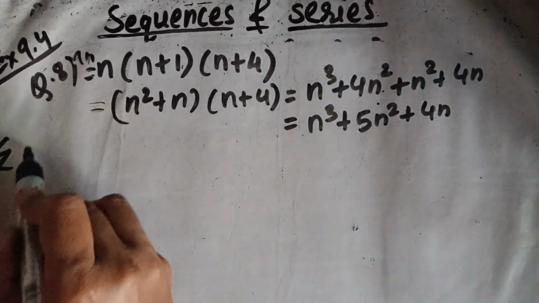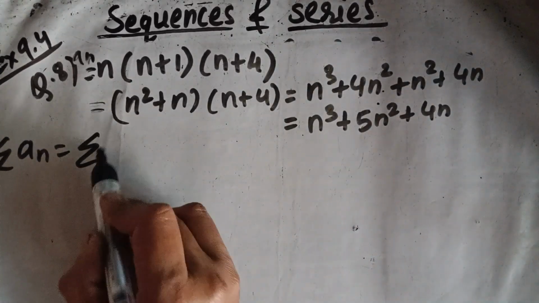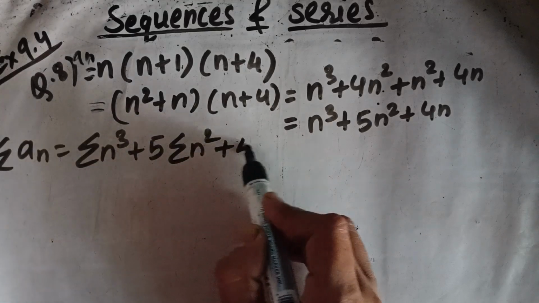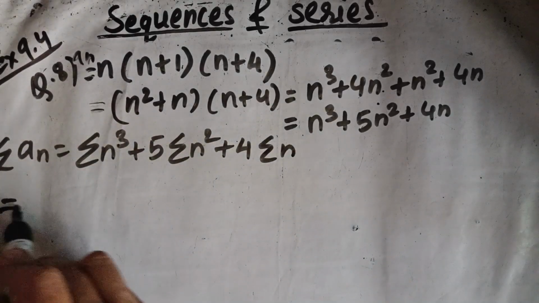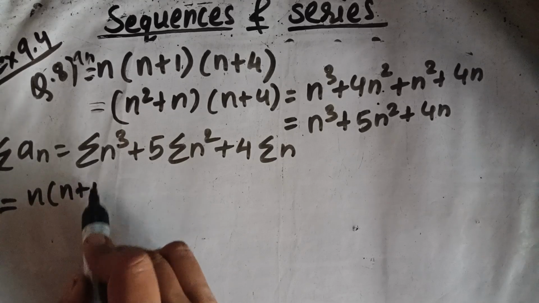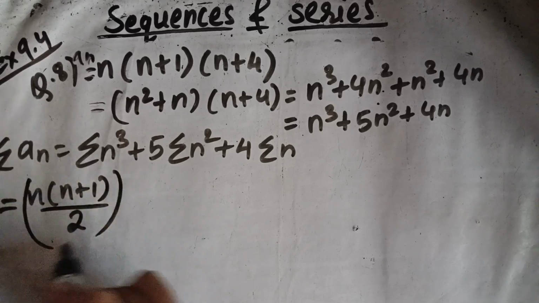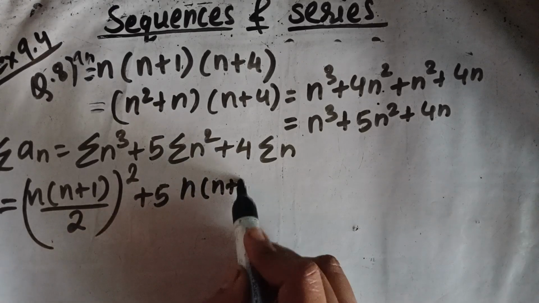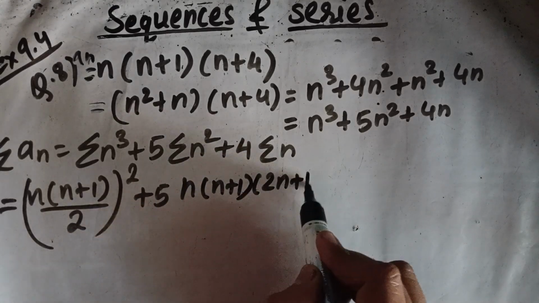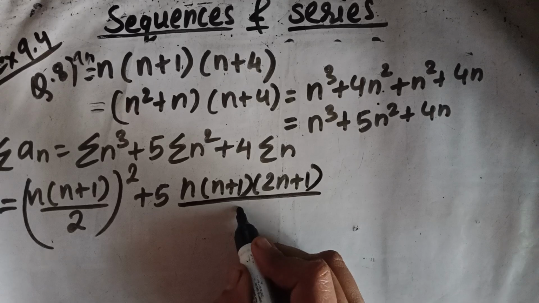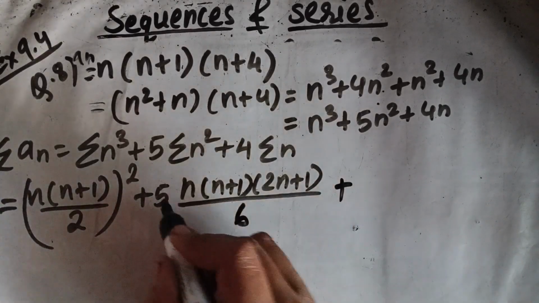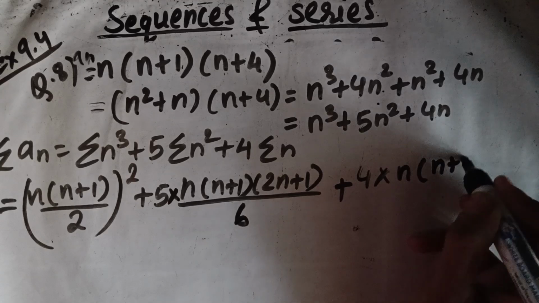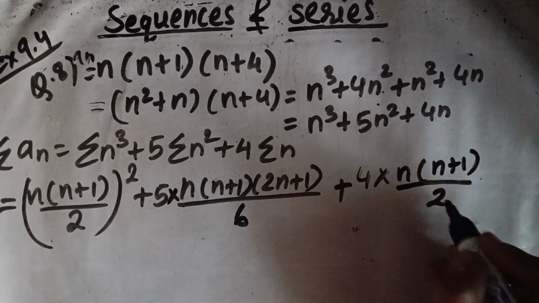So summation n cube, n square, n. n cube is n into n plus 1 divided by 2, the whole square, plus n into n plus 1 into 2n plus 1 divided by 6, plus n into n plus 1 divided by 2.